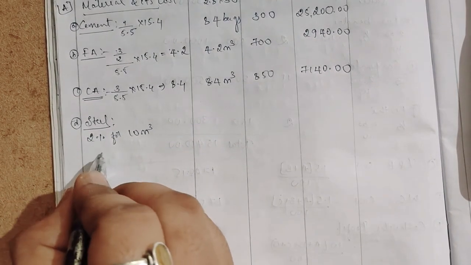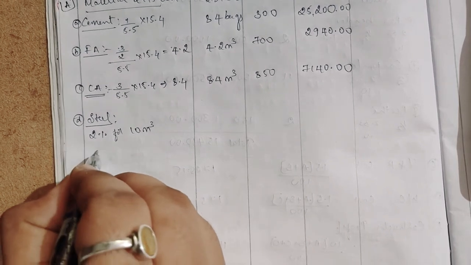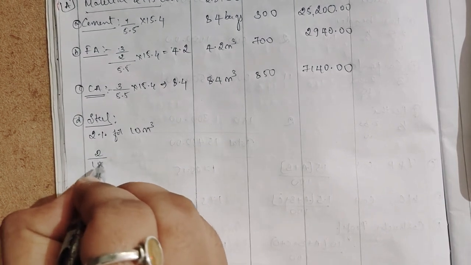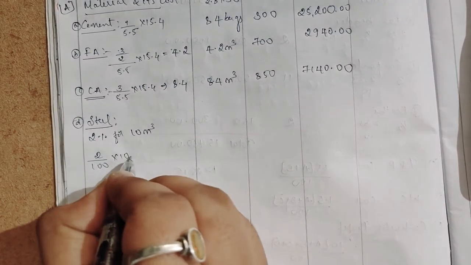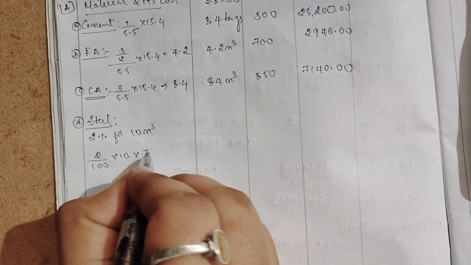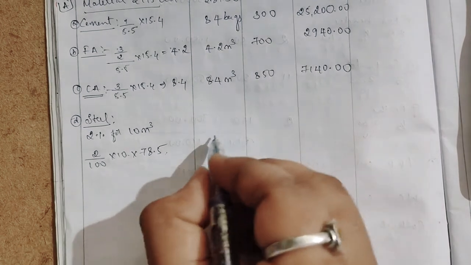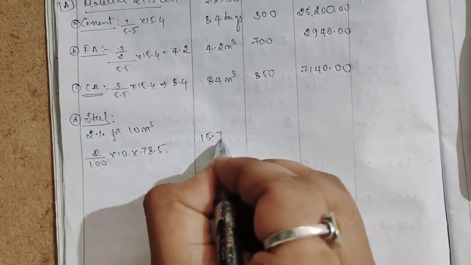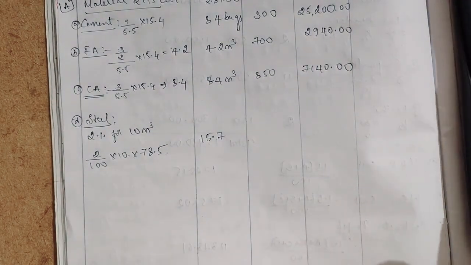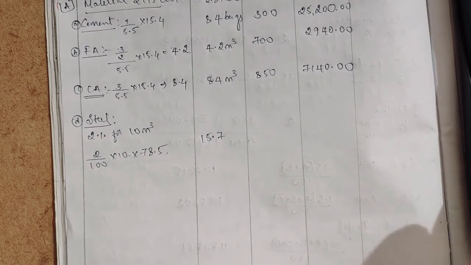So 2% for 10 meter cube. So it will be 2 by 100 into 10 into its density 78.5. When we multiply this, we will get 15.7, right? 78.5 into 10 into 2.